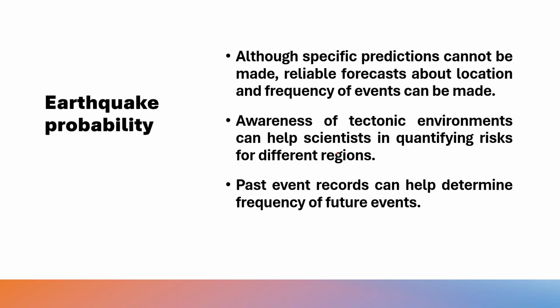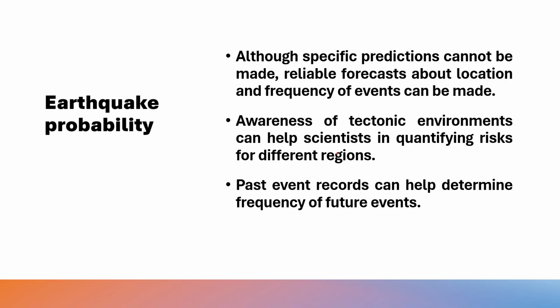Past event records can help determine frequency of future events. So if you see a place which every year is experiencing one or more earthquake events, then you know that you are supposed to expect earthquake events in the subsequent years also. Or let's say in 2000 an earthquake struck, then you have an event in 2004, then an event in 2005, then an event in 2009.